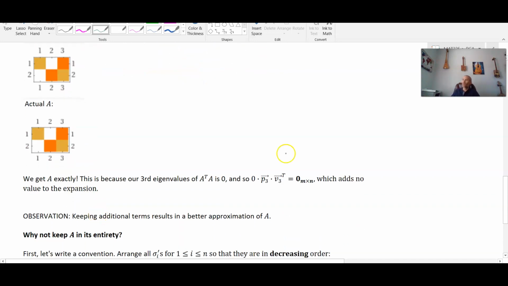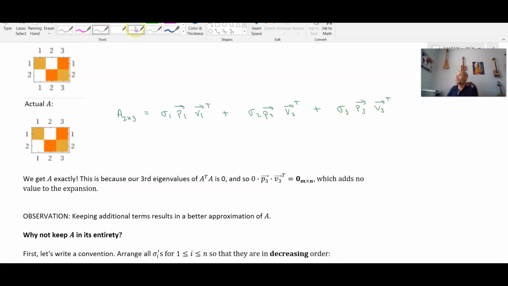Now, for this particular image, this 2 by 3 image, we actually had 3 terms. We had sigma 1 P1 V1 transpose plus sigma 2 P2 V2 transpose plus sigma 3 P3 V3 transpose.